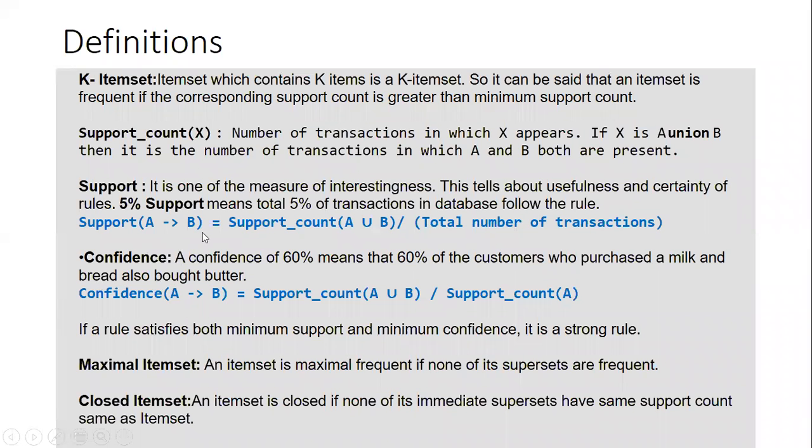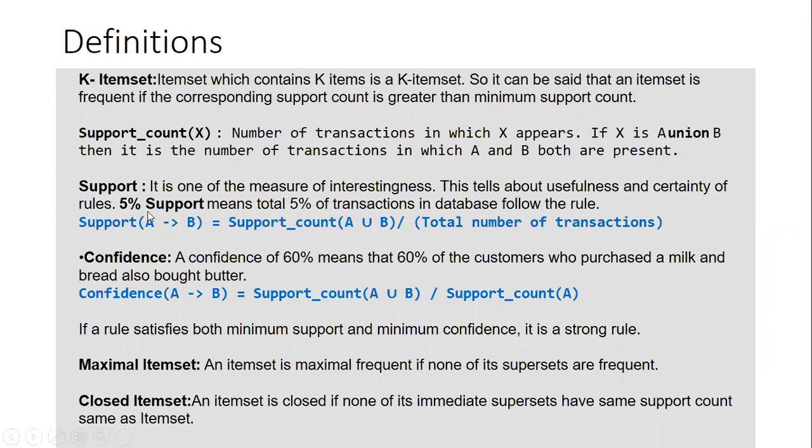The support is nothing but the support count of A and B whole divided by the total number of transactions. So support means what percentage of transactions in the database follow the rule.